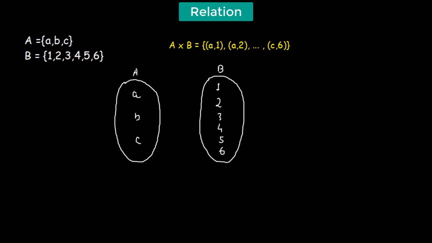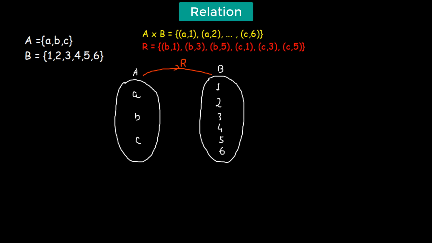Now for the visual representation, let's also write down the relation formed between A and B. We have a relation R going from A to B. That relation R is a subset of the Cartesian product of A and B, and it is defined such that whenever we pick up a consonant in set A, that gives us an odd number in set B. So we start with the consonant b in set A, which should give us an odd number.